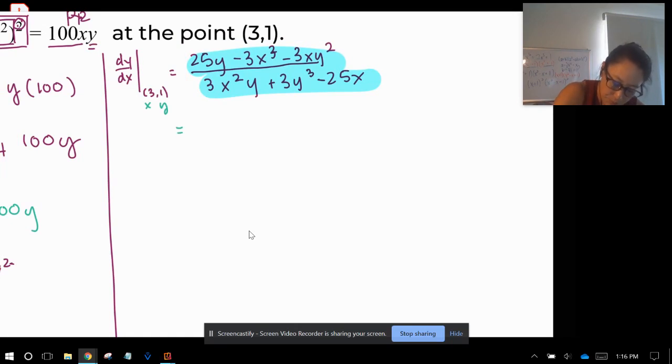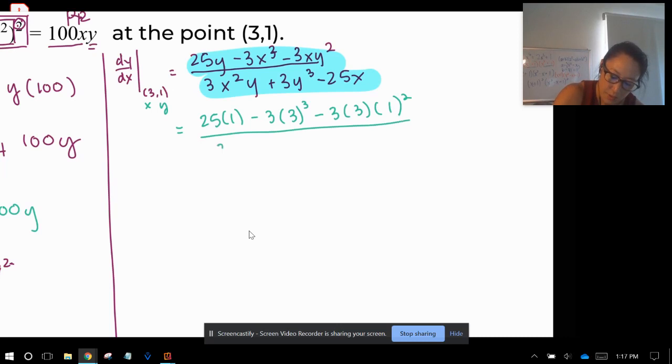So I get 25 times 1 minus 3 times 3 cubed minus 3 times 3 times 1 squared all over 3 times 3 squared times 1 plus 3 times 1 cubed minus 25 times 3.